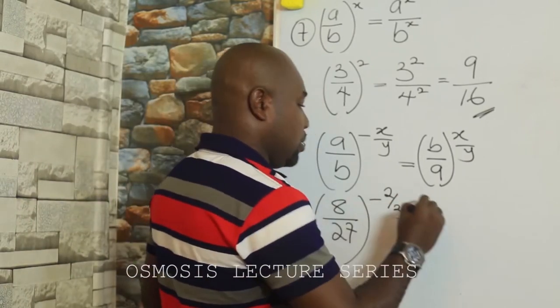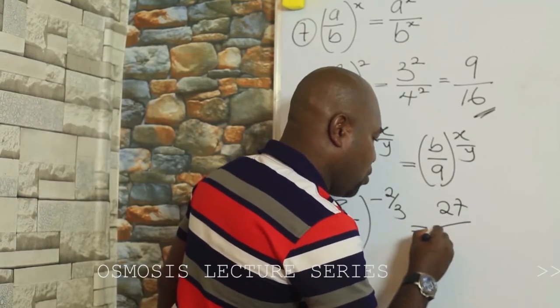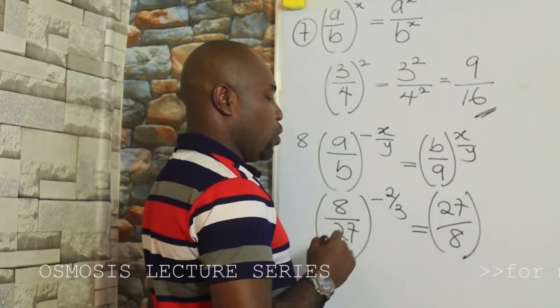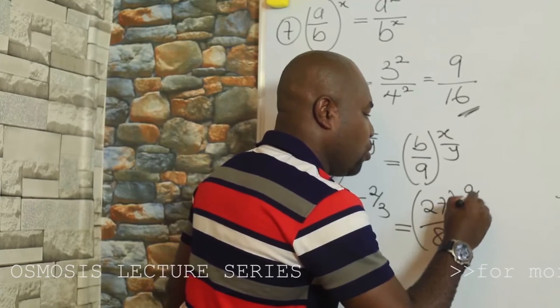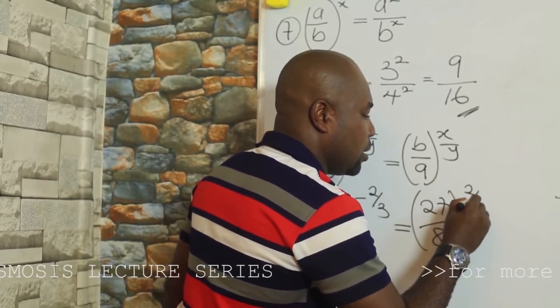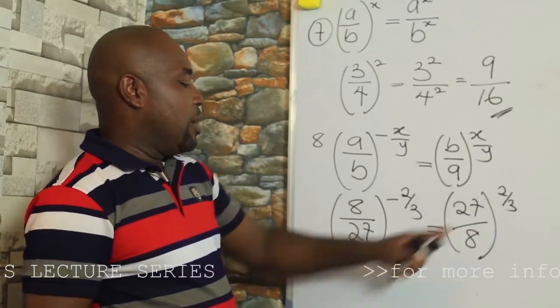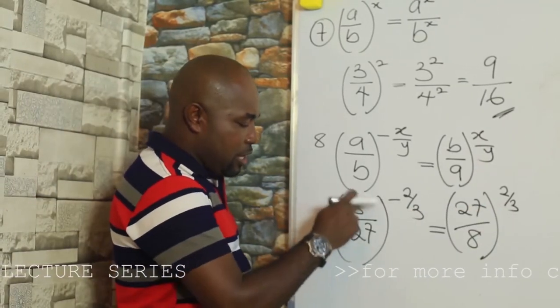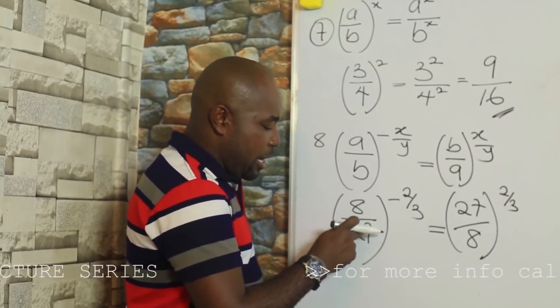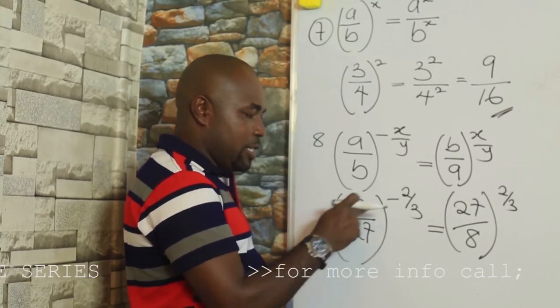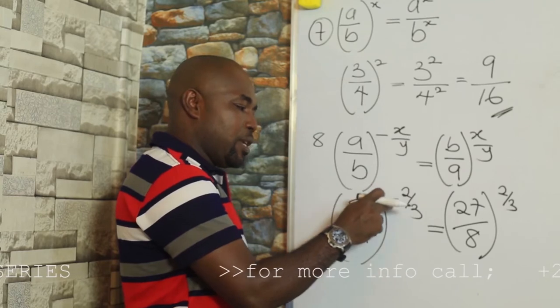So this will be 27 over 8 raised to power 2 over 3. By transforming this fraction here, making this 8 over 27 to become 27 over 8, the negative sign here disappears.